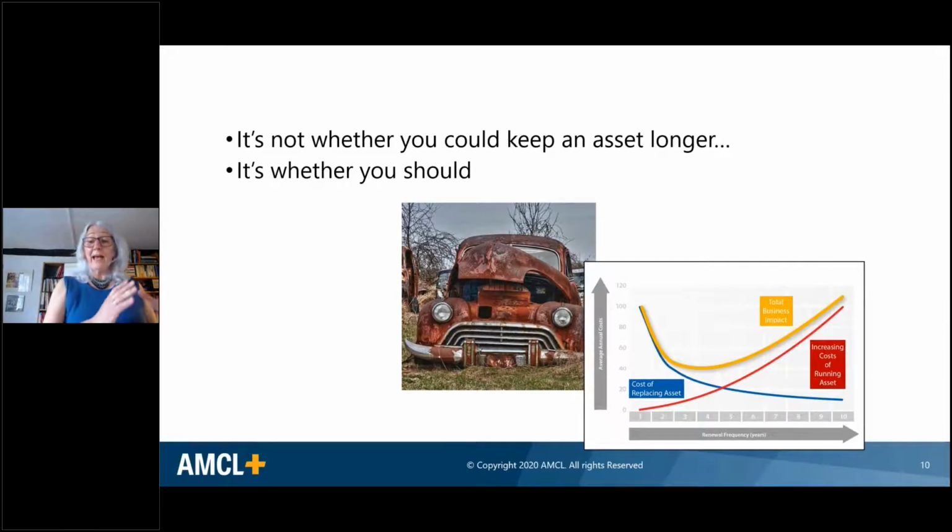And that's because as they start to fail, their costs and their risks go up, they start to impact on customers, and all of those things start to actually cost us. So it's like there's a U-shape. You keep the asset for an optimal time. If you keep it too long, you'll start to be paying out more. And this is a really important concept. It's not just about keeping assets for as long as we can.